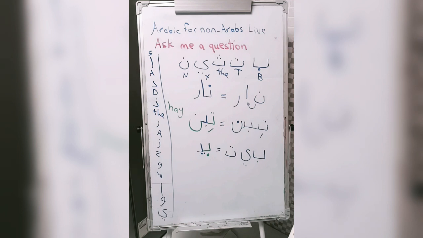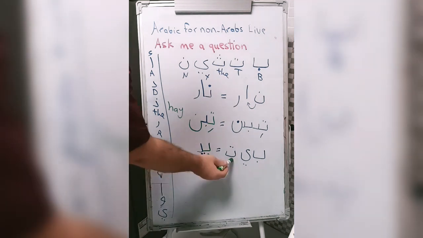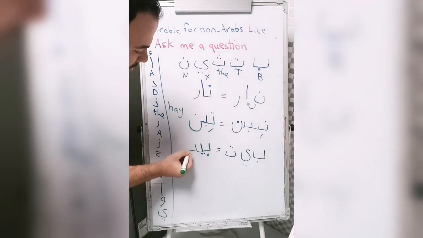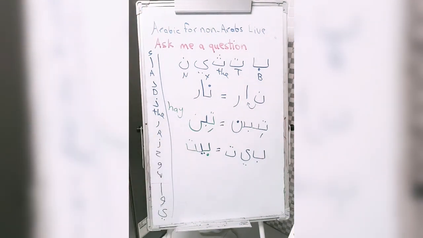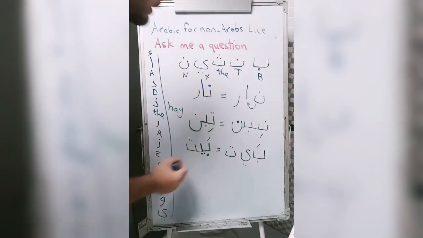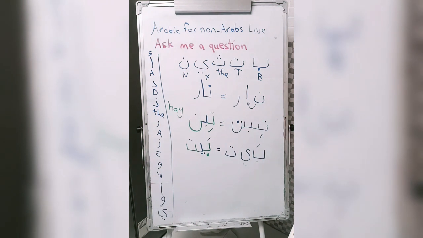Bay, and the last letter is T. I will just add one sign here, and it's going to be bait. And bait also means house, same as dar that we did before. Bait and dar are the same. Both are houses.